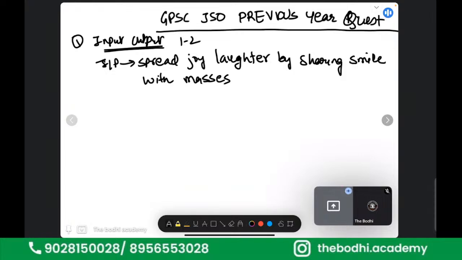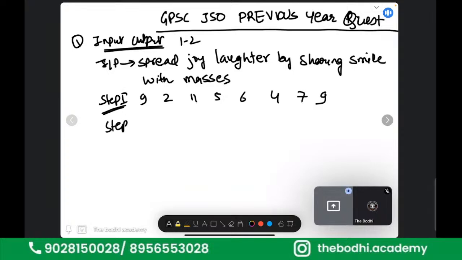Now, in this input output question, one input will be given, and after that 4 or 5 steps will be given, and each step is a result of the previous step. For example, if this is the input, step 1 is given as 9, 2, 11, 5, 6, 4, 7, 9.